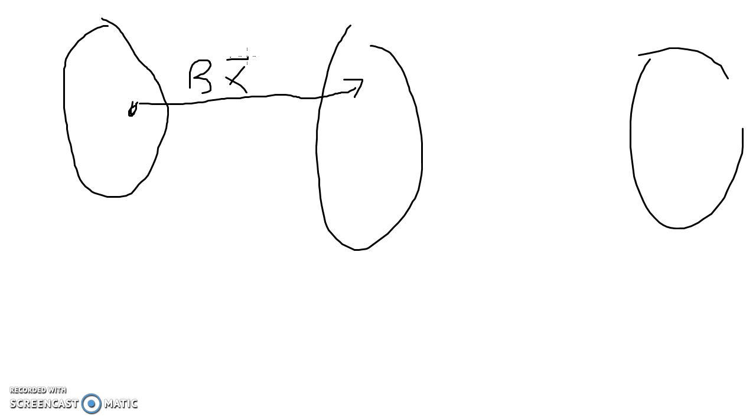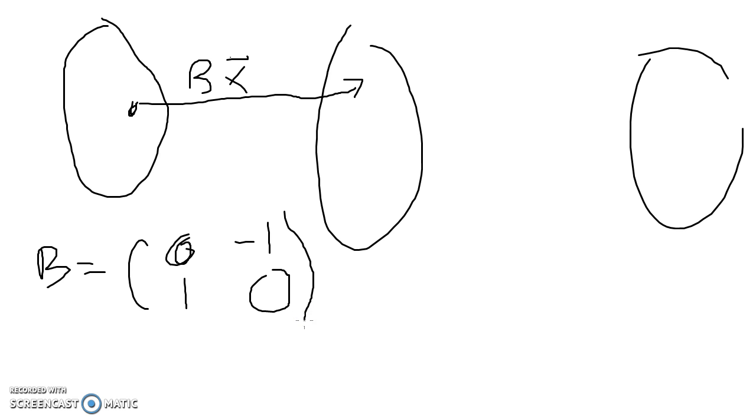If I have the matrix B equals 0, 1, -1, 0. Sorry, the first one should be a 0. And if I multiply that by some 2-by-1 matrix that I'm calling a vector, based on what we showed you earlier, this would yield the following.